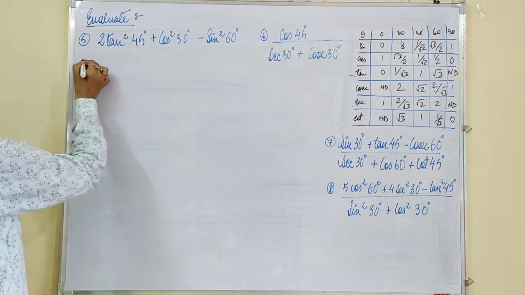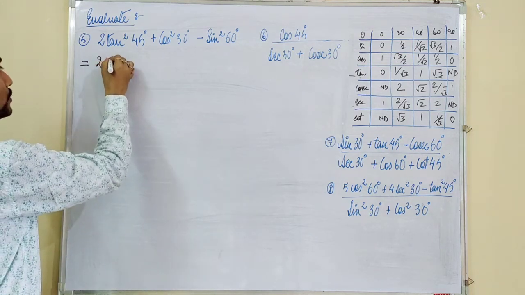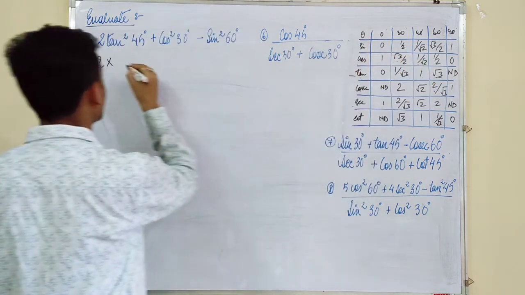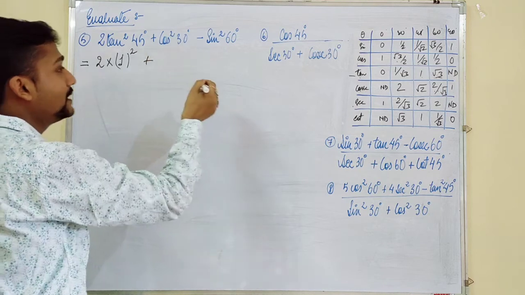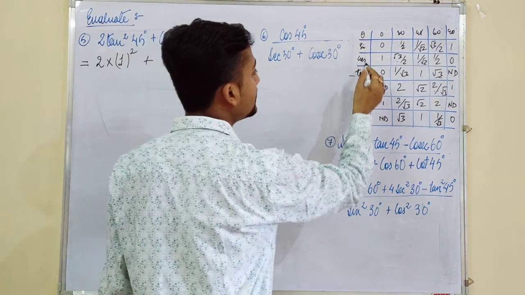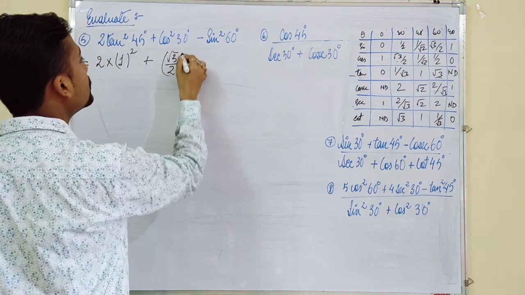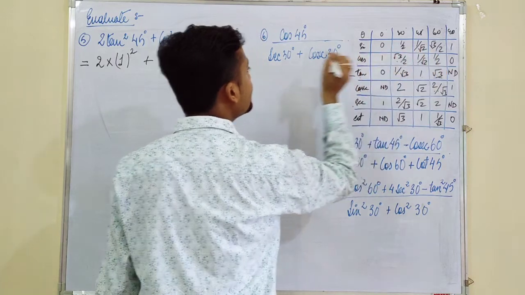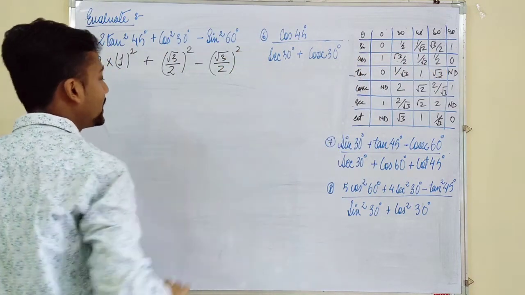So here 2 tan square 45 degree, 2 into tan square 45, tan 45 is equal to 1, that means 1 square, plus cos square 30 degree, cos 30 is root 3 by 2 whole square, minus sin square 60, sin 60 is root 3 by 2 whole square.